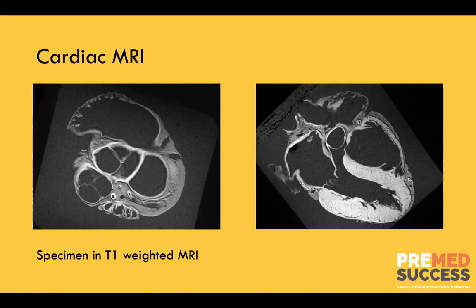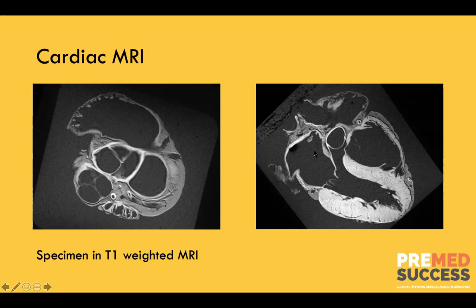And by slightly changing the calibration, you can get it to look at fat or water, respectively. So a T1 weighted MRI, such as this, looks at fats, effectively, and they show up bright. So fat and muscle, you can see here, showing up bright, whilst the water is showing up dark.